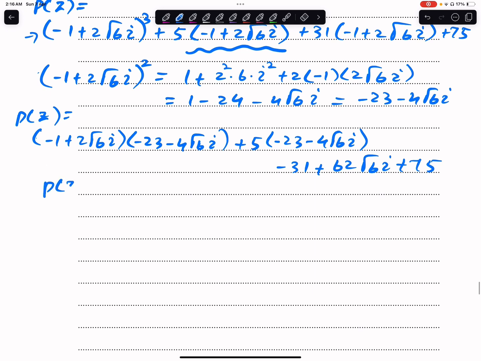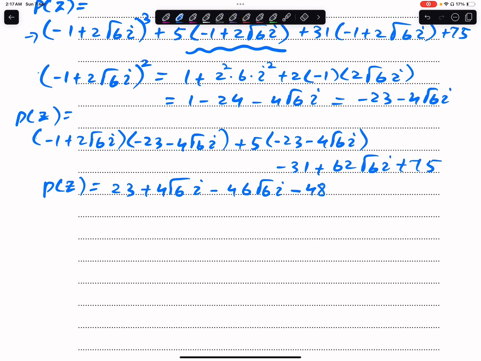So p of z is equal to minus 1 times 23 is 23 plus 4 times root 6i minus 46 root 6i minus, plus minus 8 times 6 will be 48.